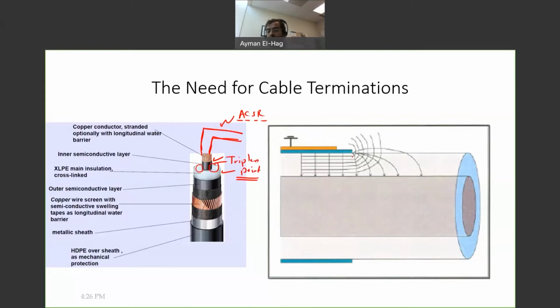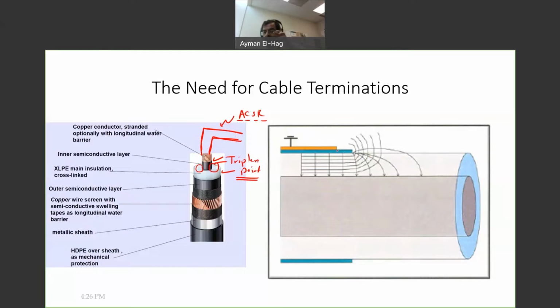Of course, when I want to connect the underground cable with the overhead lines, I have to remove the insulation, and I also have to remove the stress grading material so that there will be connections between the two.